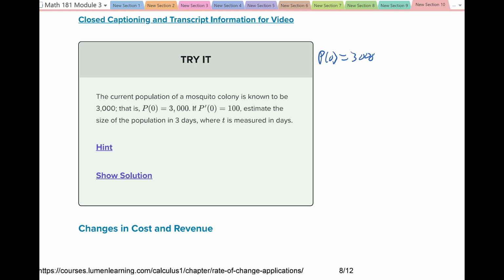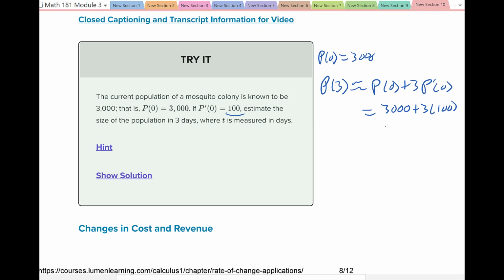So the population in 3 days is approximately the initial population plus 3 times the rate of change of the population. So we're looking at 3,000 plus 3 times 100, because the rate of change was given to us as 100. And that's going to be 3,300.